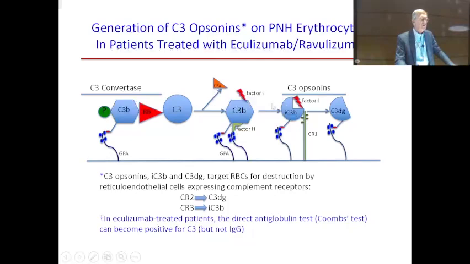So this goes all the way down to a very small molecule. But there are receptors for this molecule on reticuloendothelial cells in the spleen and the liver. So this is recognized by those receptors, and those cells are then destroyed in a process that's called extravascular hemolysis. So rather than being destroyed in the circulating blood, these are actually removed from the circulation and destroyed by phagocytic cells.